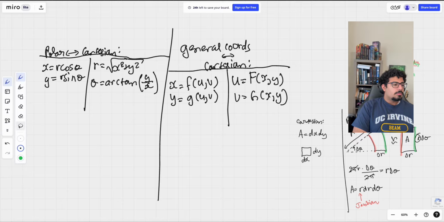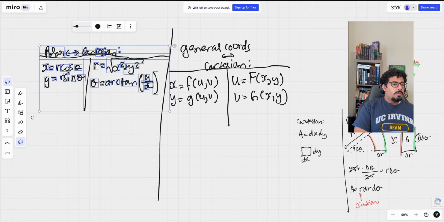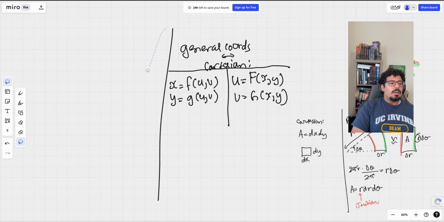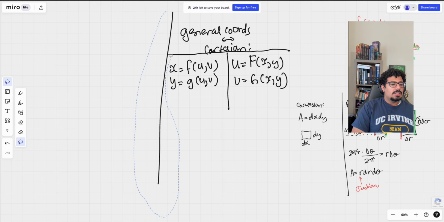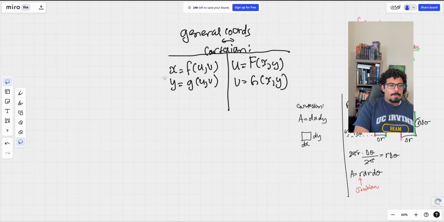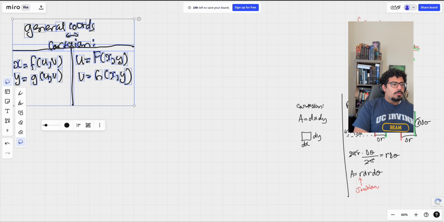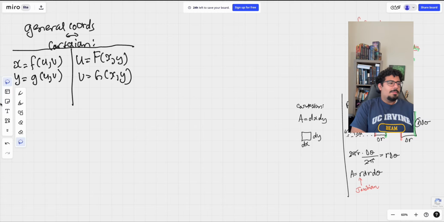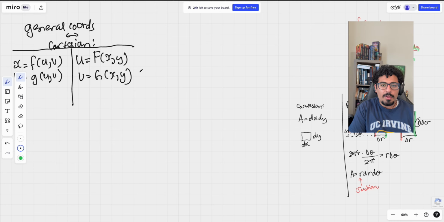Okay, so now that we've got that down, we can start thinking about the fundamental area element of this general coordinate system. Basically, let me tell you the motivation why we're doing this. We're doing this to find a general expression for the Jacobian of a coordinate system from Cartesian coordinates.